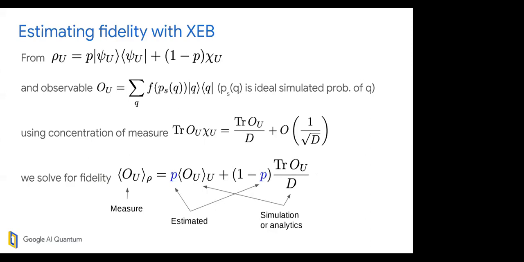And that's why we need to calculate the ideal probabilities. So by building an observable, which is a function of the ideal probabilities of this particular state, the ideal state, we avoid concentration of measure on the ideal output. Concentration of measure works on the noisy part. The observable on the ideal output is going to have a different value because it does not concentrate. We know both values either by simulations or analytics, and at that point we can extract the fidelity or depolarization fidelity P.